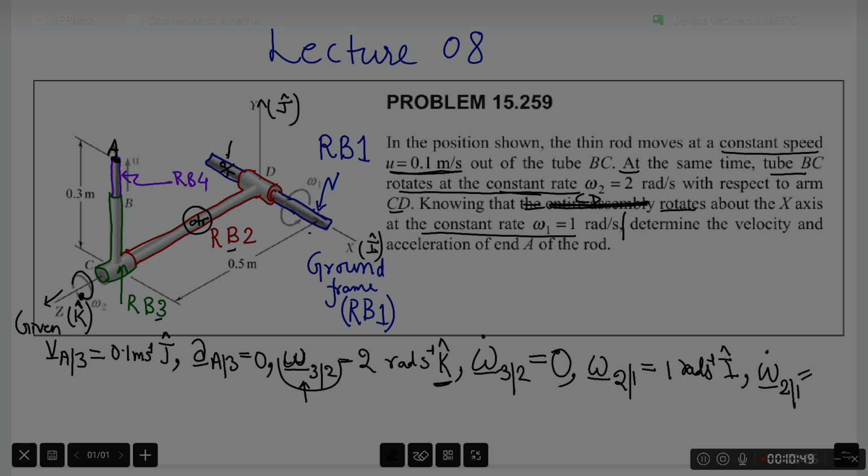For this observer, the vector omega 21 has a constant magnitude, which is 1 radian per second, and the direction of omega 21 is always along i hat, always along this rod itself, the RB1 itself. The direction is always along RB1 itself, and thus my conclusion is that omega dot 21 is also 0.